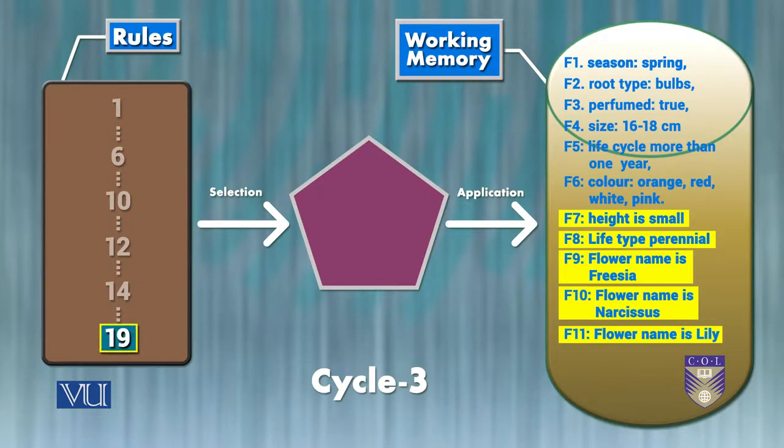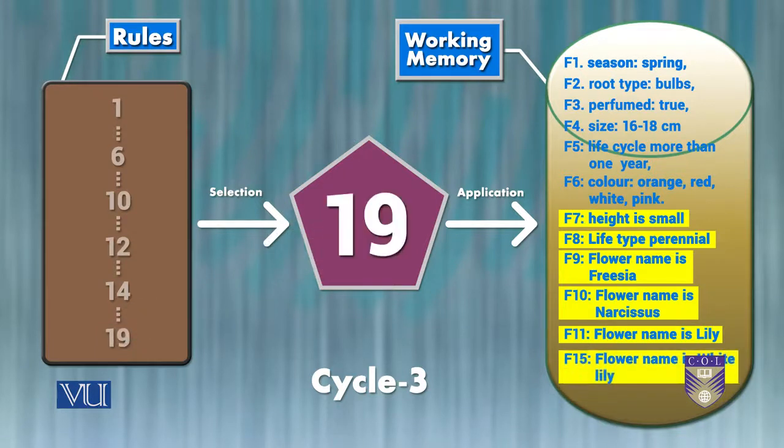So we select it, fire the rule. And the firing of the rule adds a fact, I call it fact 15. Flower name is white lily, added to the working memory. Since this is also the goal, the inference process will actually stop.